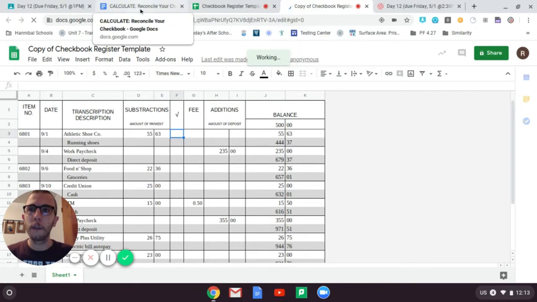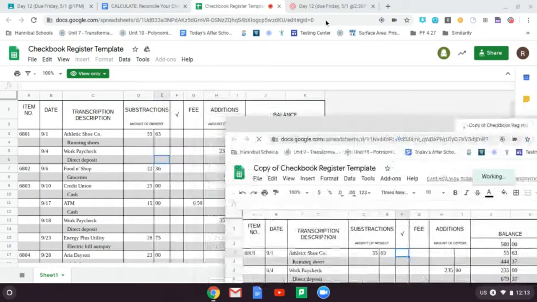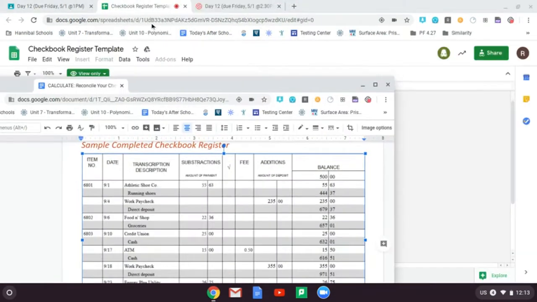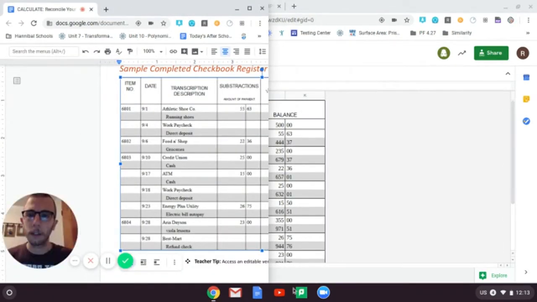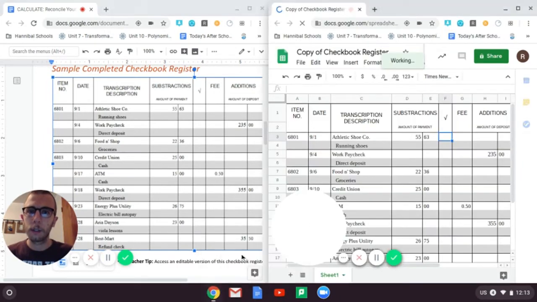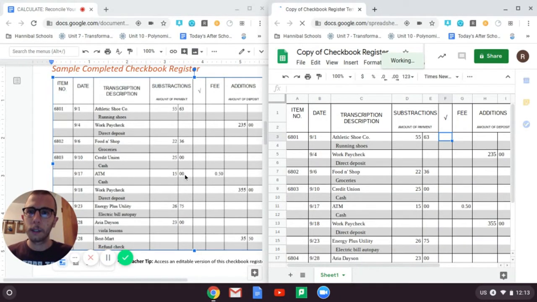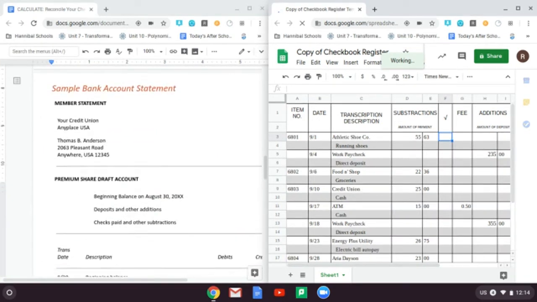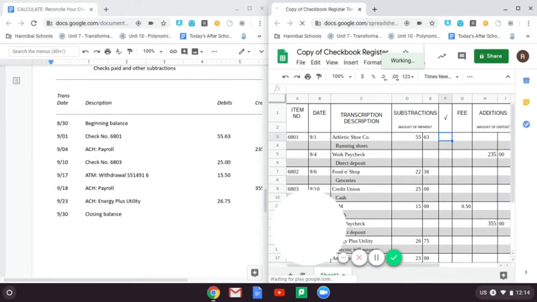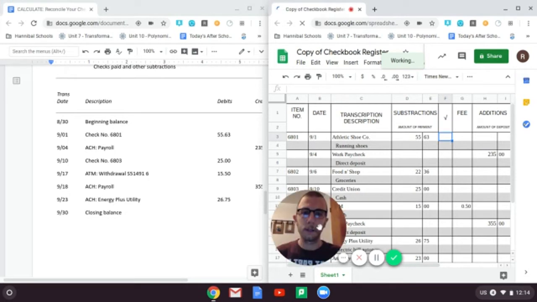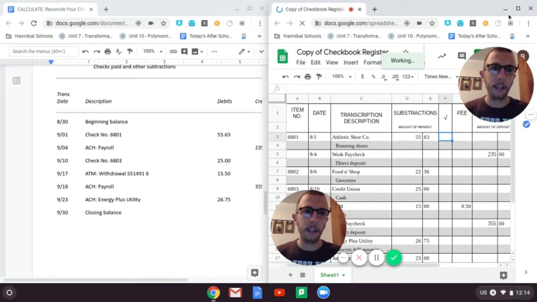All right, in order to work back and forth, to try to make this a little easier, I'm going to split my screen here. I'm going to pull this over here, and I'll pull this over here. So let's see how this works. Okay, now I'll scroll down on this left side to the bank statement. All right, I'm back.